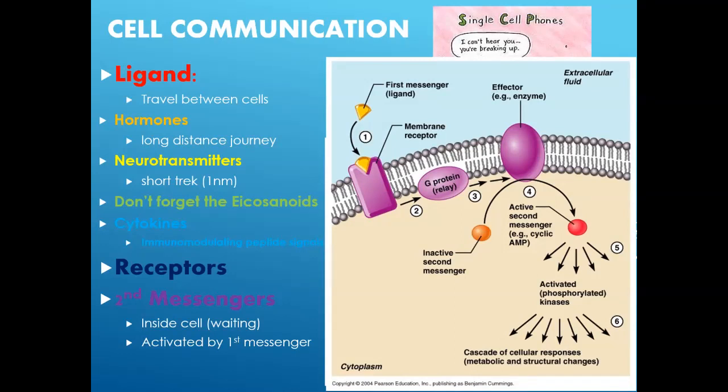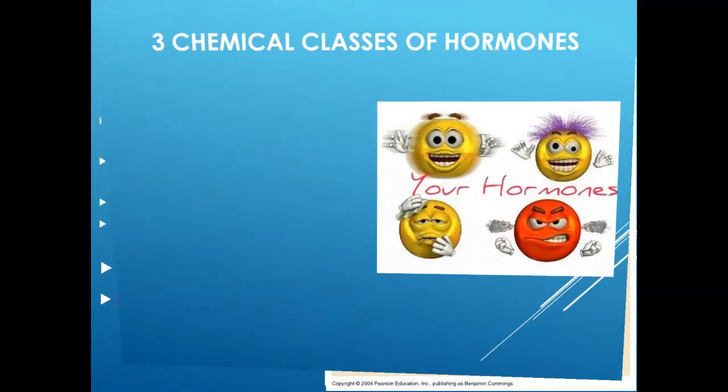And whoever sits in that back corner by the door, they will be this red ball, waiting to tell us. So if somebody comes and knocks on the door, this hormone doesn't enter the cell, just knocks on the door. And that kicks us into action. And then that person who answers the door tells the rest of us, go do your stuff. So we're all just waiting in the cell, and then we go and tell everything to do their thing. And we'll see that as we go through these slides.